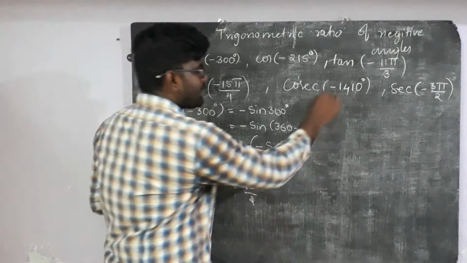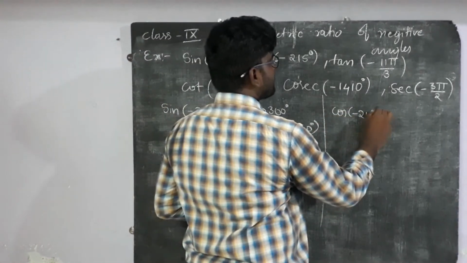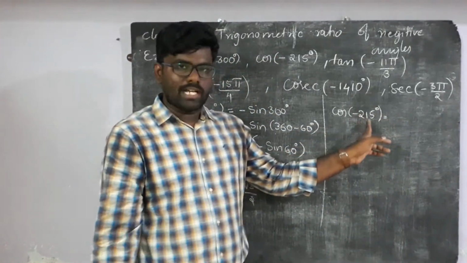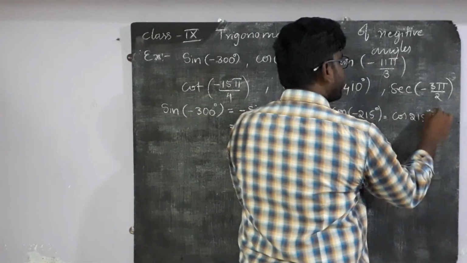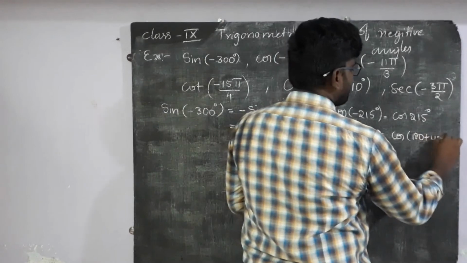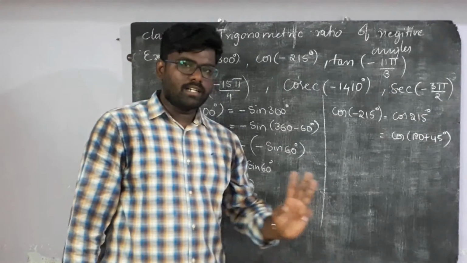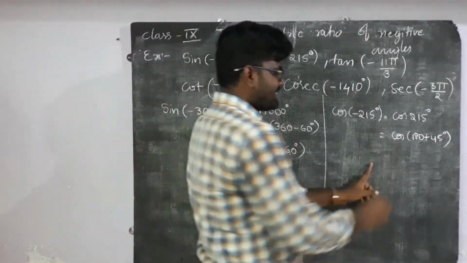In the same way, cos minus 215. Cos minus theta is equal to cos theta. That means cos 215. Cos 215 can be written as cos of 180 plus 45. 180 plus theta means third quadrant, where tan and cot are positive and cos is negative.